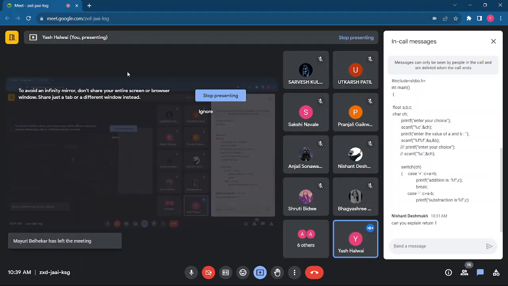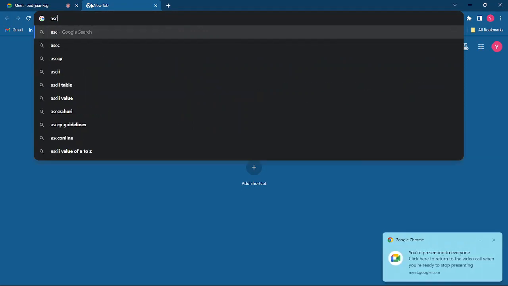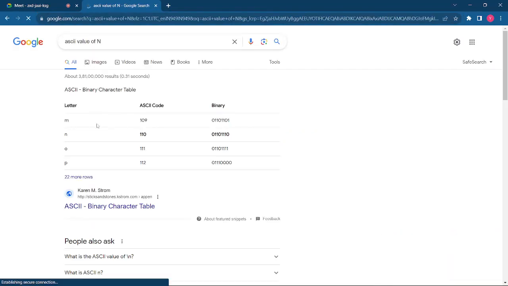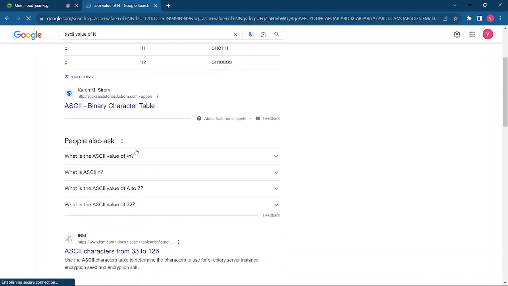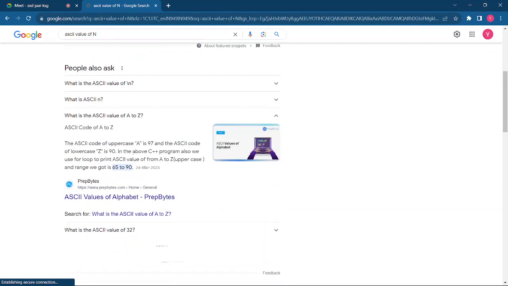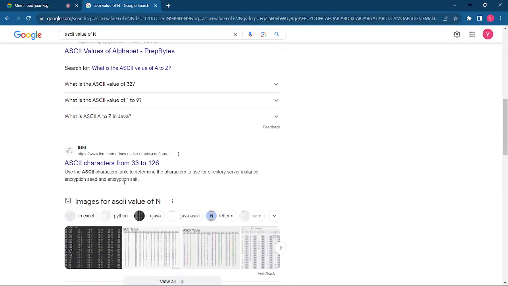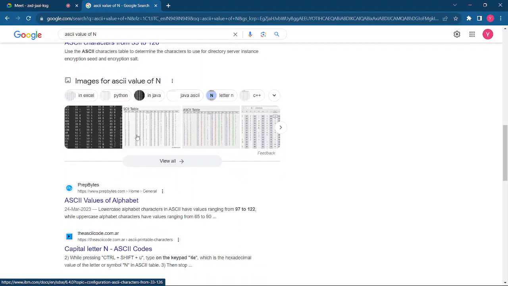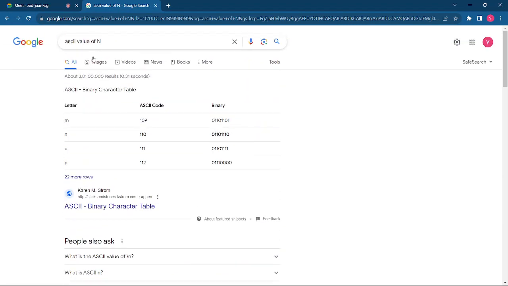I will also be searching with you. So this is for small n, 110. What about capital N? Let me check in this table. I will get it in images.